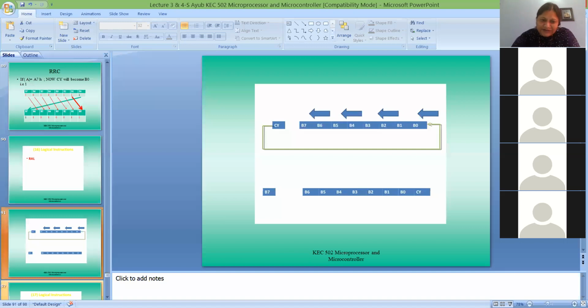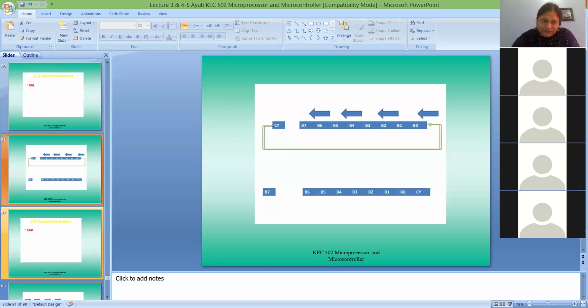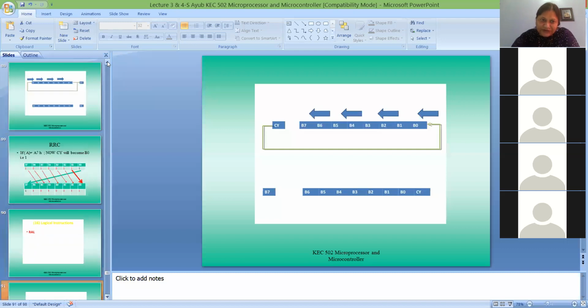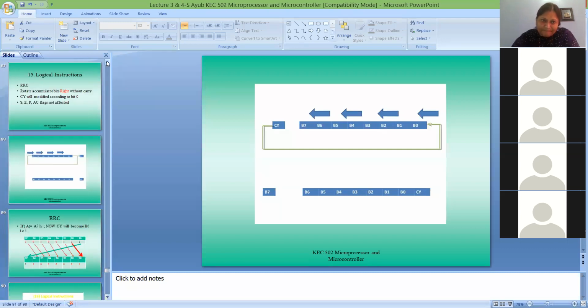Now let's see one example of how it works. Actually, I will give you the example. Suppose we take this particular example, A7.